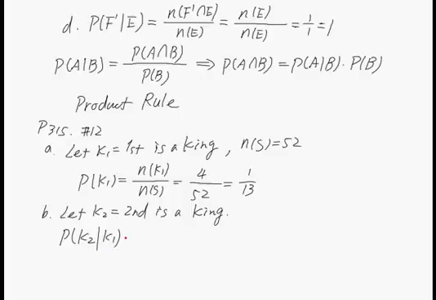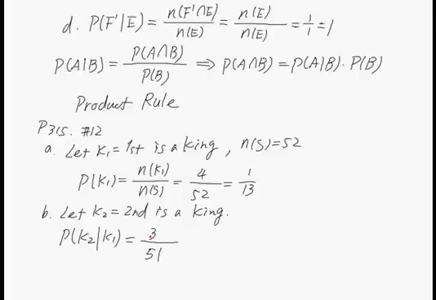Now tell me, when you draw the second card, how many cards are available? 51, right? You already drew 1 card in the first draw, so only 51 cards available. Now in the second draw, how many kings are available? 3, since you already drew the 1 king in the first draw, right?